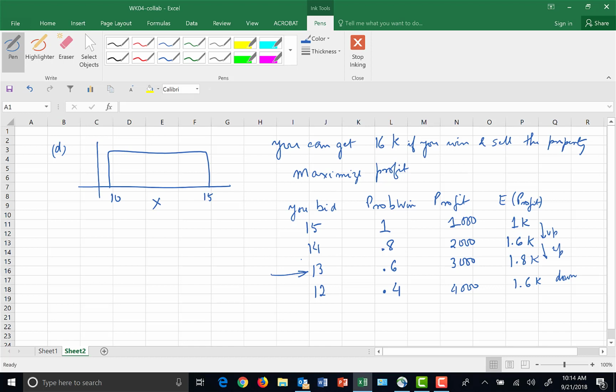So how do you compare an absolutely certain outcome, which is the first one, against the other uncertain outcomes? The way to do that is using expected profit. That allows you to compare. And so the answer to part D was I should make a bid of $13,000.